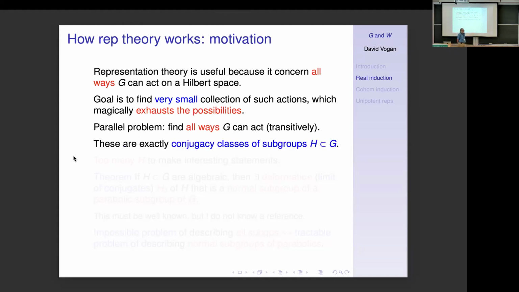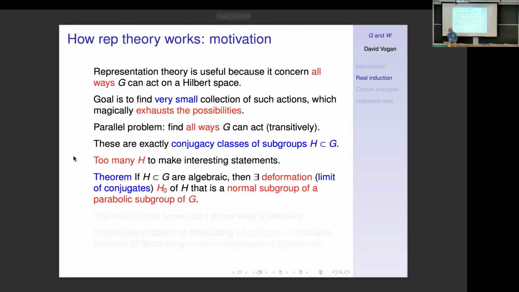That means conjugacy classes of subgroups of G. And that is, of course, a horribly difficult problem. There are too many subgroups to make interesting statements, but here's an interesting statement. If H is an algebraic subgroup of an algebraic group G, then you can find a deformation, a limit of conjugates, H0 of H, so that H0 is a normal subgroup of a parabolic subgroup of G.